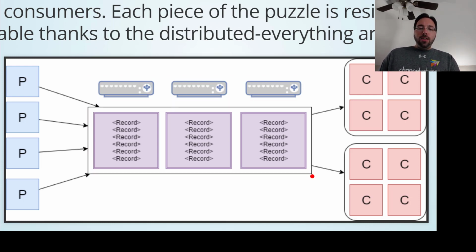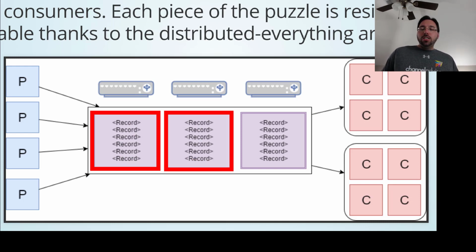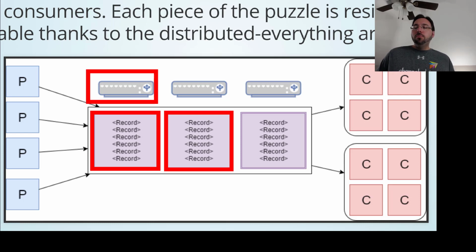Inside the topic, you have one or more partitions. Partitions are the physical storage, and you can think of it as individual files. And if you want to think of a metaphor, your topic is a folder, the partitions are individual files, and each file is owned by one of the brokers.